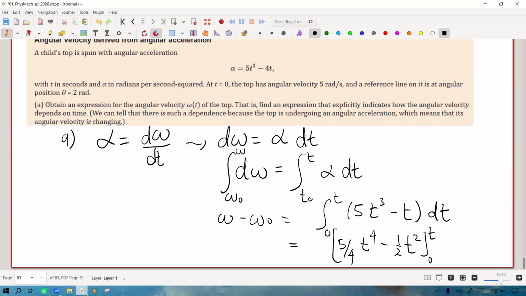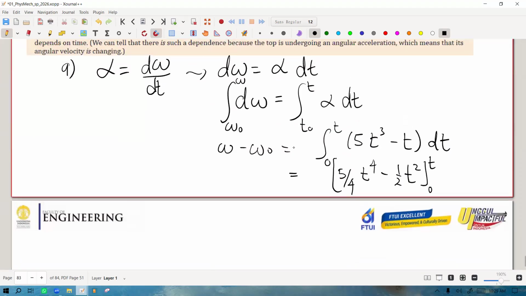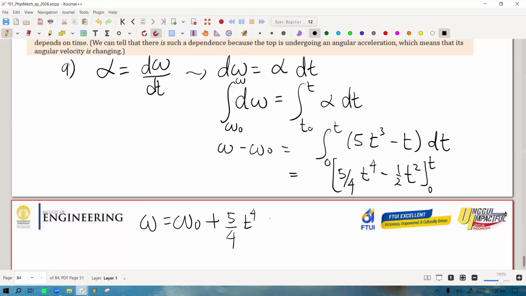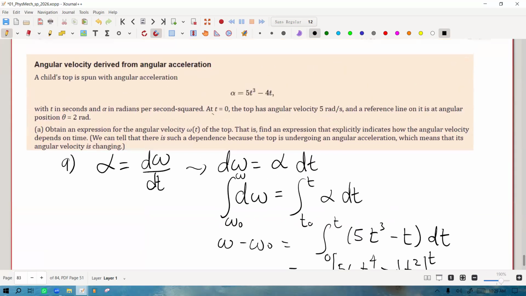Okay, we can put in the time. So for the final answer for omega, we move the omega 0 to the right side: omega 0 plus 5 over 4 t to the power 4 minus half t squared. We know that at t equal to 0, the initial angular velocity is 5 radians per second.